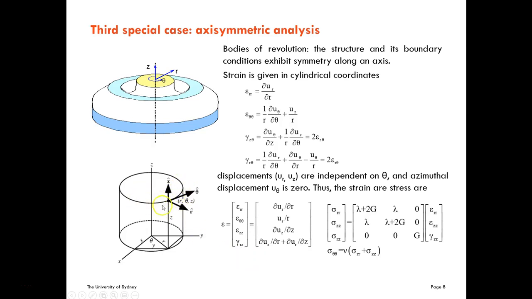So the deformation along the theta direction is going to be 0, but due to the Poisson effect, the stress along the theta direction is not 0. This is the third special case of plane elasticity that is called axisymmetric analysis. Notice that the stress-strain relation is similar to plane strain, but the relation between the strain and the displacement is not similar to plane strain because we are expressing these relations in cylindrical coordinates.